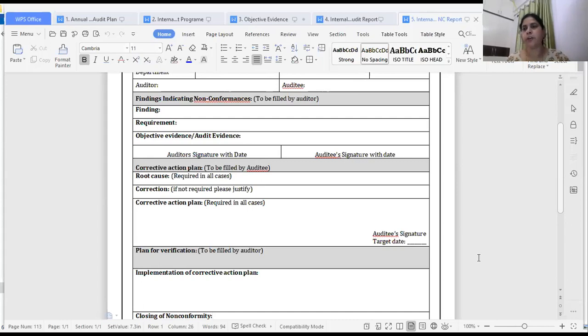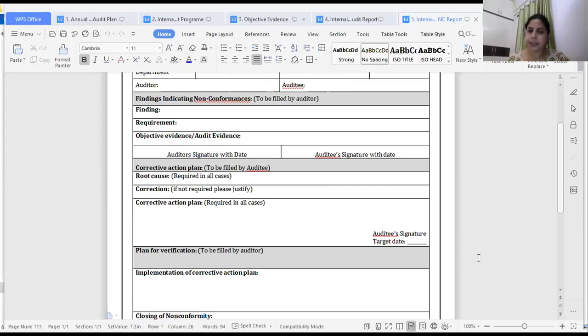Here you are not going to write any program. You are going to do a need-based audit. This can come at any time in your year or calendar. But in your calendar, you will mention that on this date, in this month, a need-based audit has happened for this particular process or department.